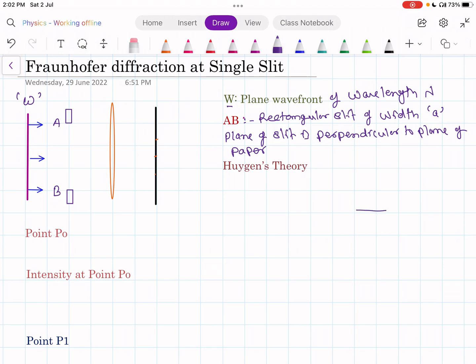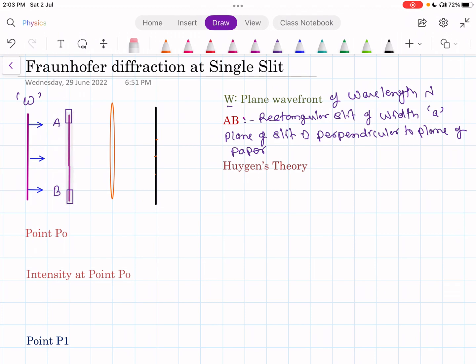If in this direction there is a plane of the slit, then in this direction there is a plane of the paper. So their planes are perpendicular to each other. Then what happens? This wavefront W is incident on the slit.